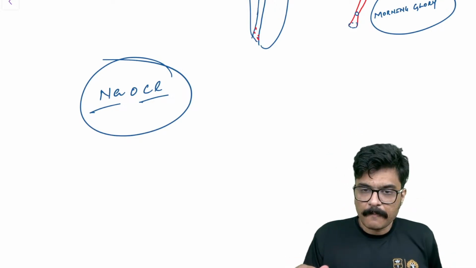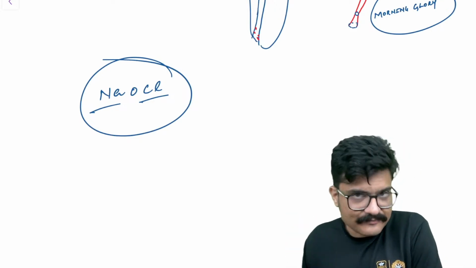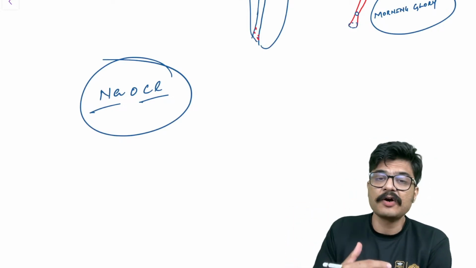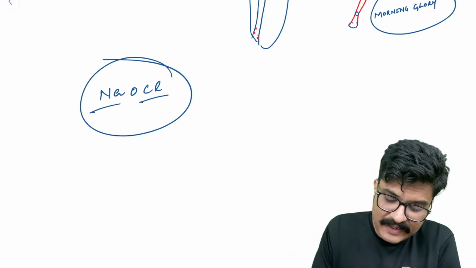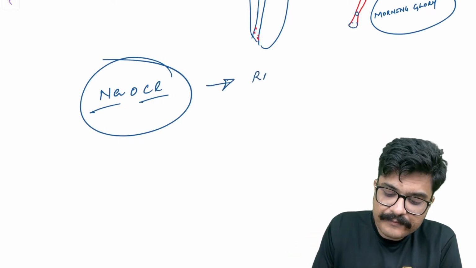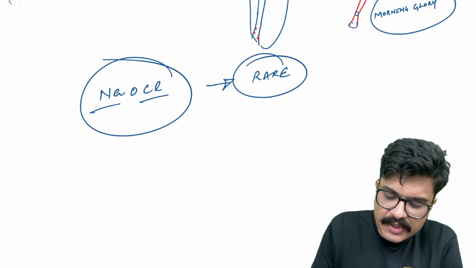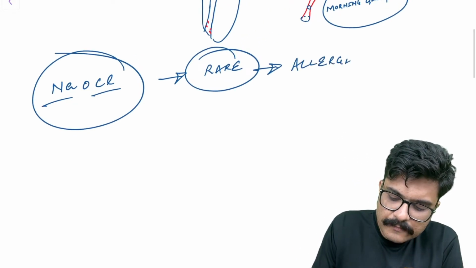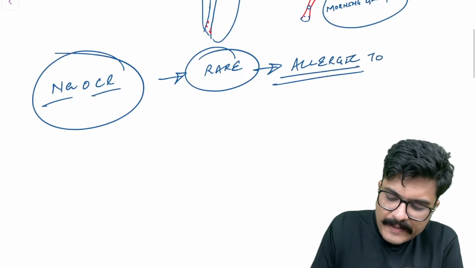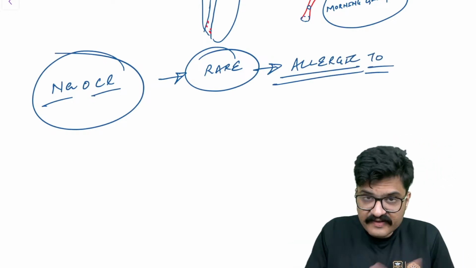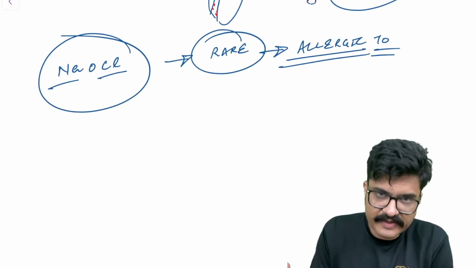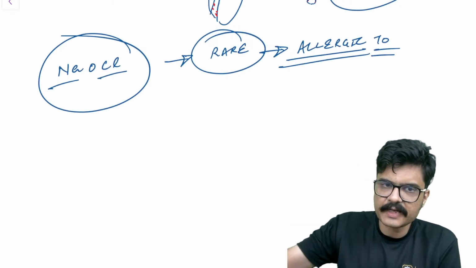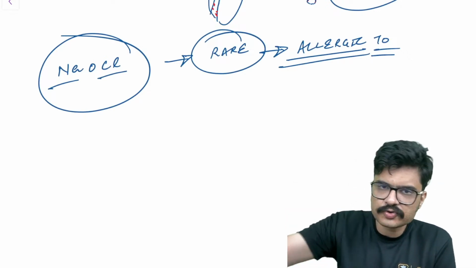So first of all, another MCQ that comes here is that hypersensitivity or allergic reactions to sodium hypochlorite are rare. It is rare to find a person allergic to sodium hypochlorite. You can get an assertion and reasoning type of question here. The assertion is: it's rare to find people allergic to sodium hypochlorite.